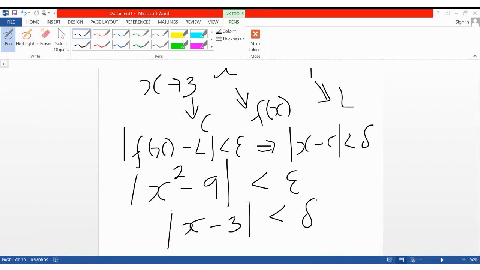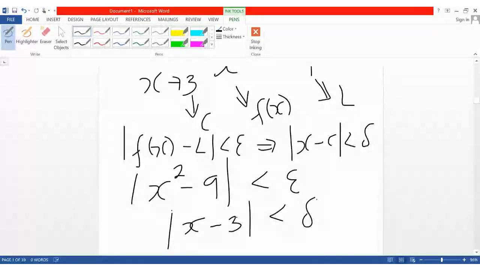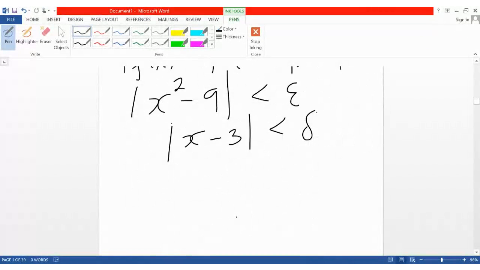Yes, factorizing. Very important. So we factorize x squared minus 9, which is a difference of two squares. X squared minus 9 is the same as x plus 3 times x minus 3. The difference of two squares is a very famous one.